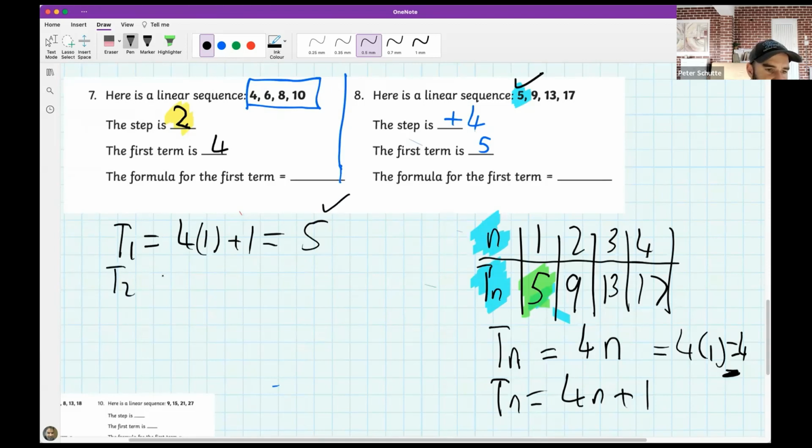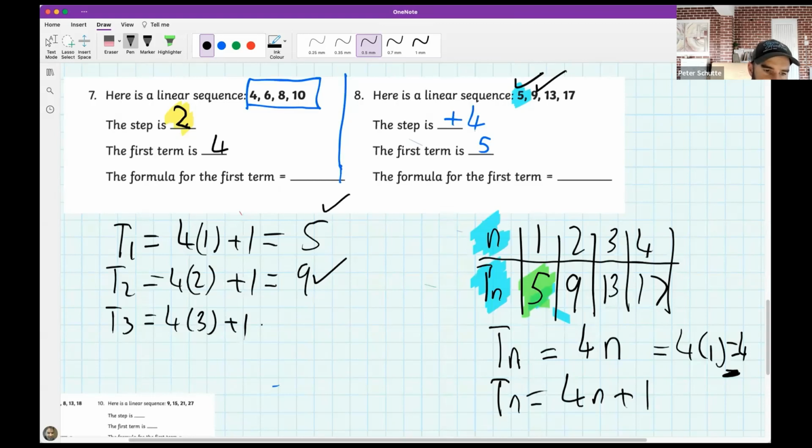If I put a 2 into my formula, 4 times 2 plus 1 is going to be 9. So the good news is that my formula does seem to be working. What we need to practice is making sure we know how we do it.